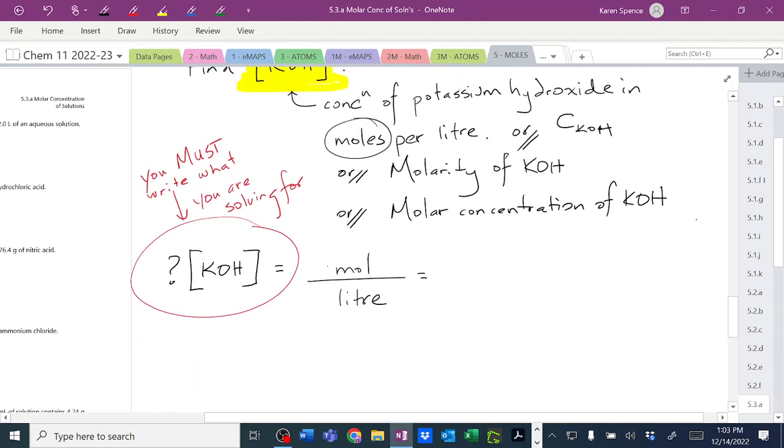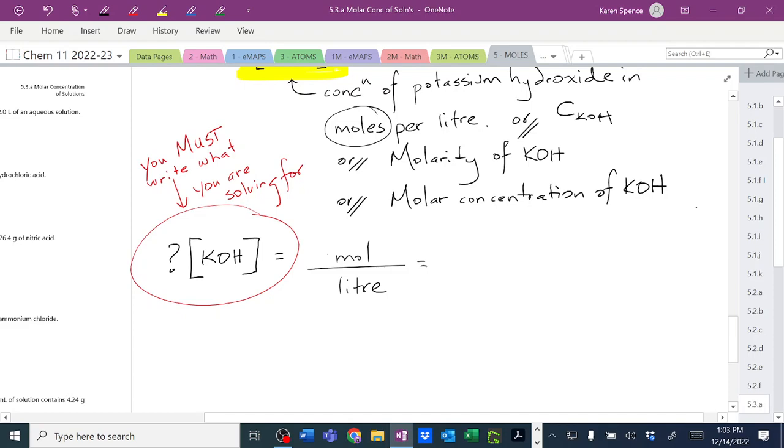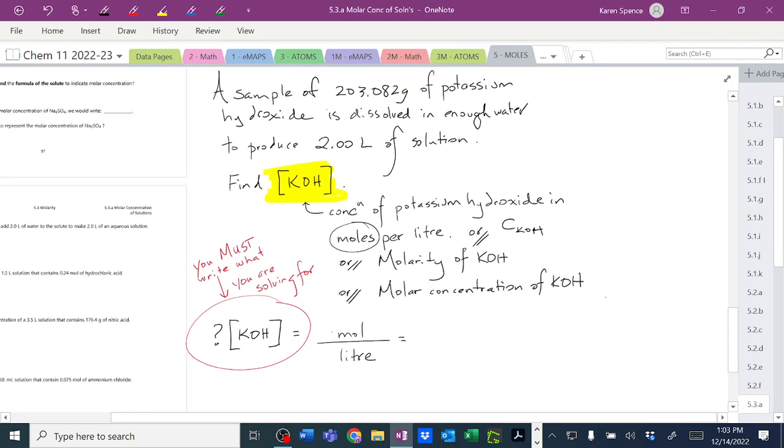There's two ways of doing this problem. Do we have the moles? No, we do not. What do we have? We have grams which can be easily converted into moles. So you could do that step first and then divide by liters. I'm going to show you that next.